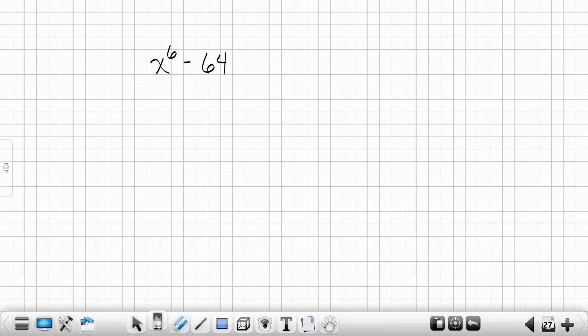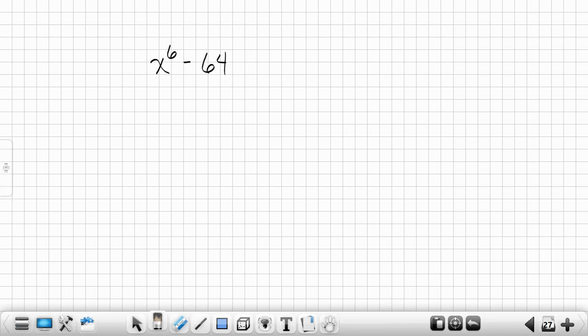What does this match? Dimitri, what does this match from the top of the page? x to the 6th minus 64 could be what? From the box for the special ones.